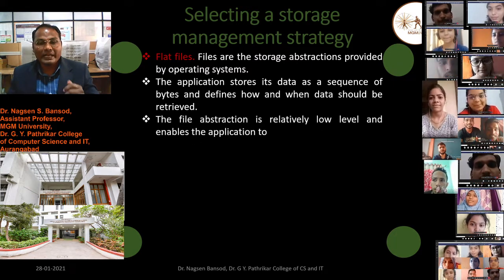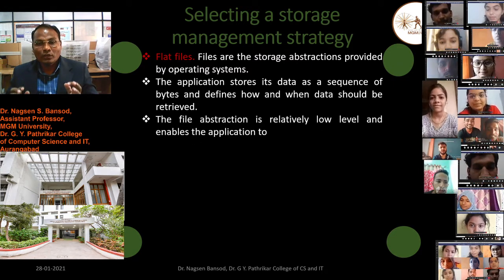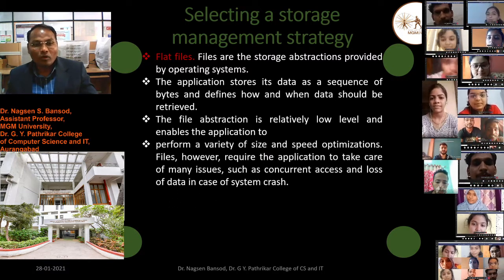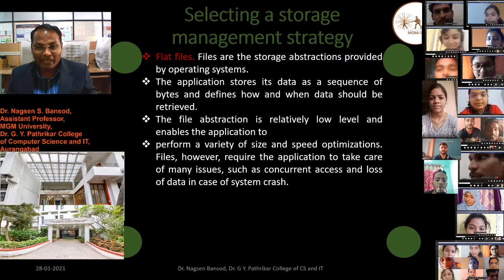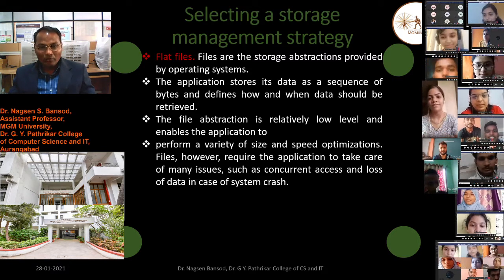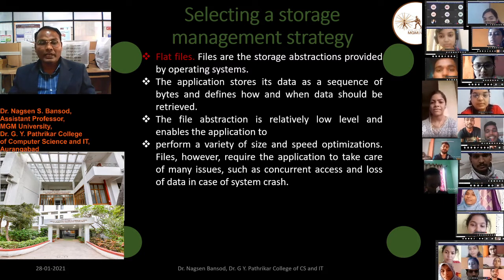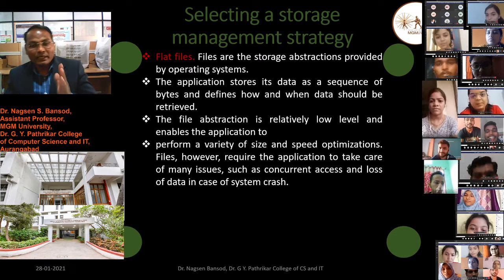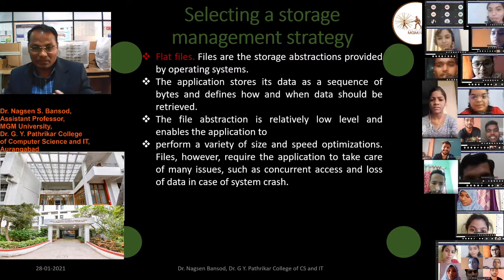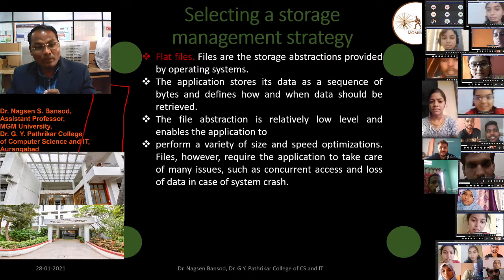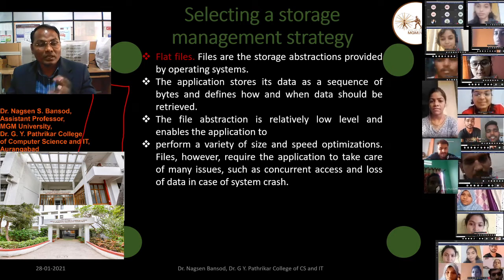The file abstraction is relatively low level and enables the application to perform a variety of size and speed optimizations. Files, however, require the application to take care of many issues such as concurrent access and loss of the data in case of a system crash. In case of a system crash, our data will be stored in the operating system in the file.